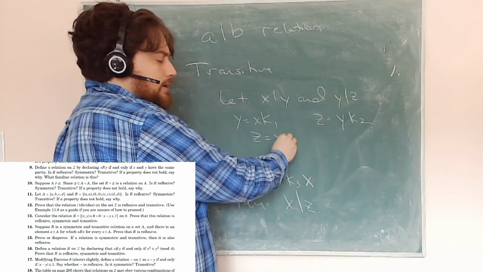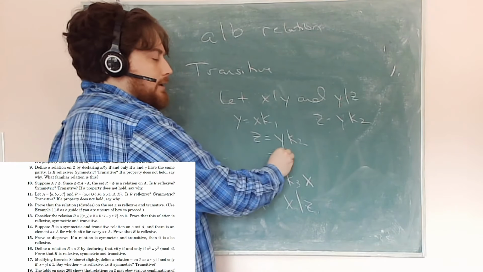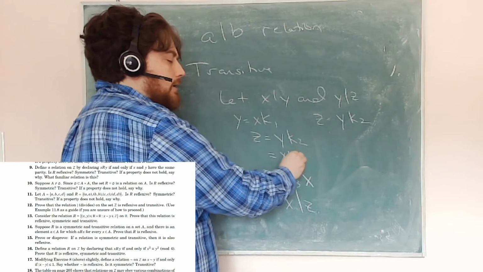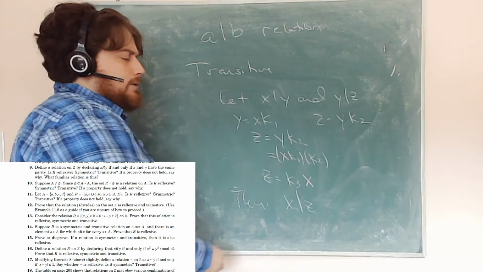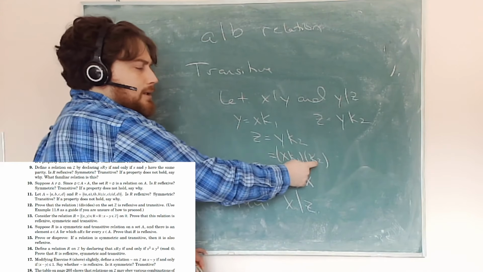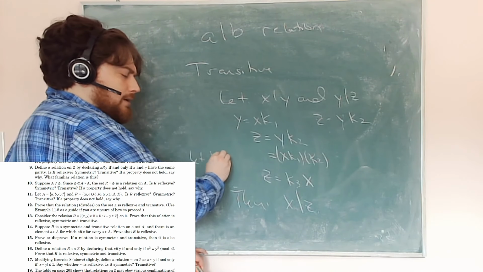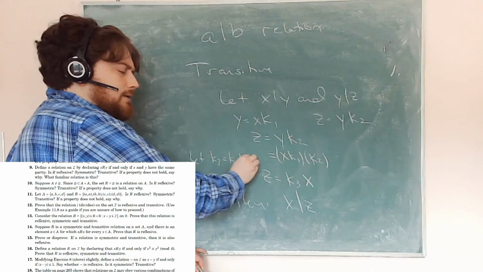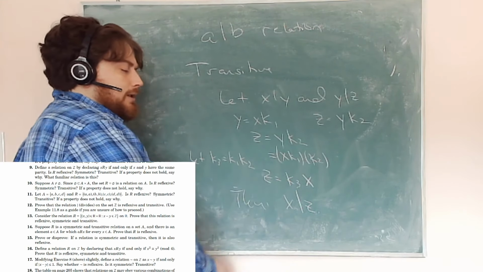So what I notice is z is y times k2, but y is equal to x times k1. So instead of y, I substitute in x k1. But notice that this is just x times k1 times k2. So we let k3 equal k1 times k2. And we get z is indeed equal to this k3 times x.